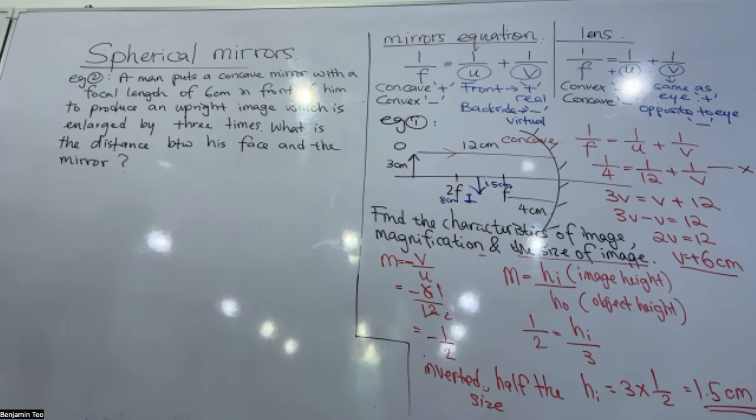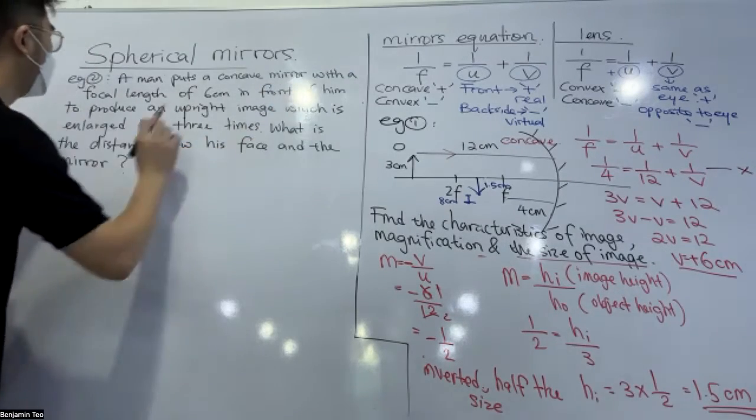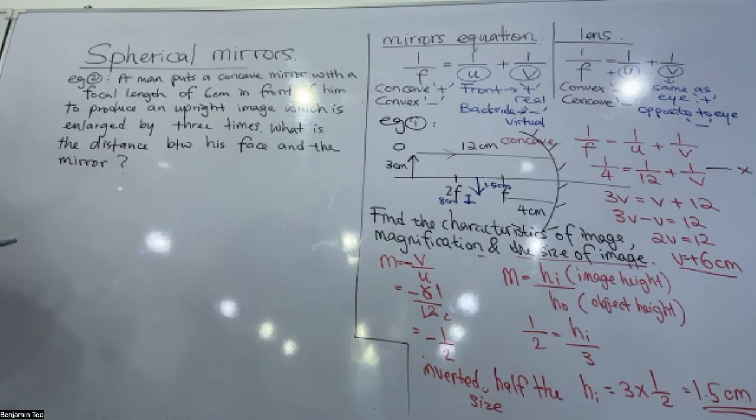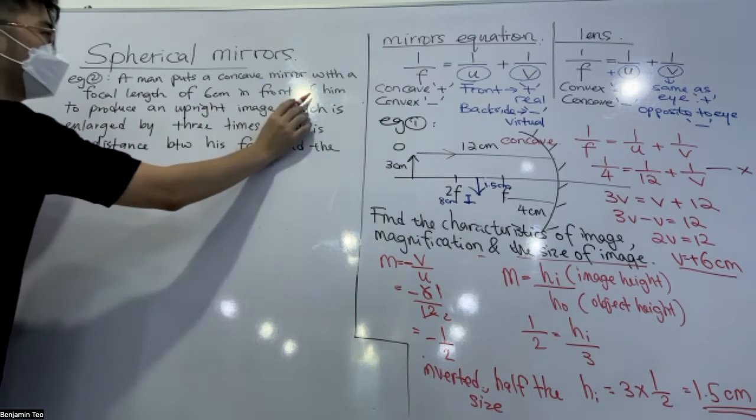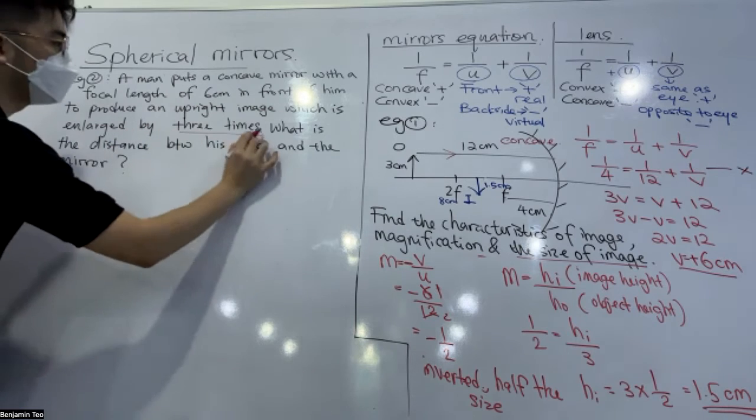Okay, try example 2. Okay. Man puts a concave mirror with a focal length of 6 cm in front of him, produce upright image which is enlarged by 3 times the.